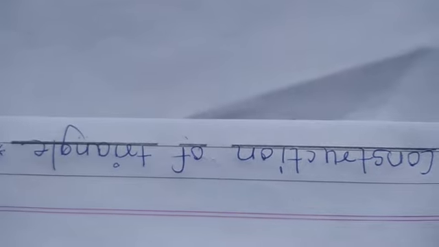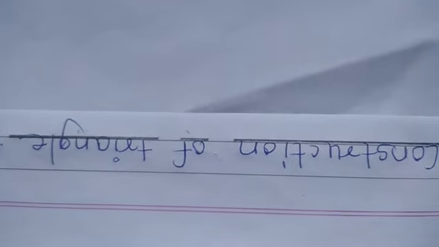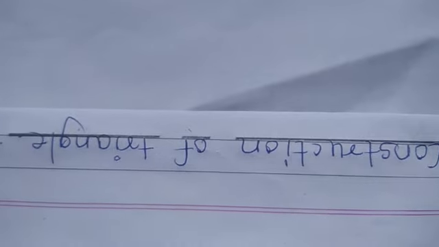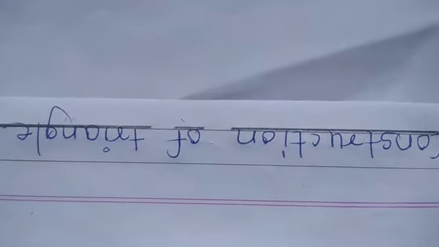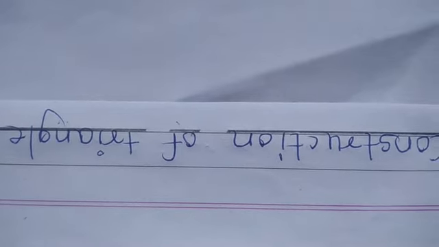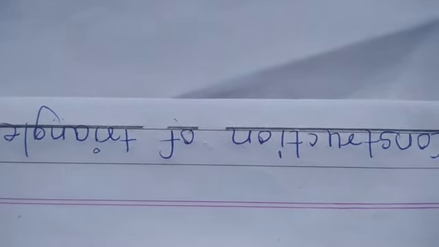As all of you know, before constructing any building, the structure of the building is first drawn on paper. You might have seen a small model of such buildings. It becomes easier to construct a building from a drawing. In a similar way, here we are going to see how to construct a triangle.